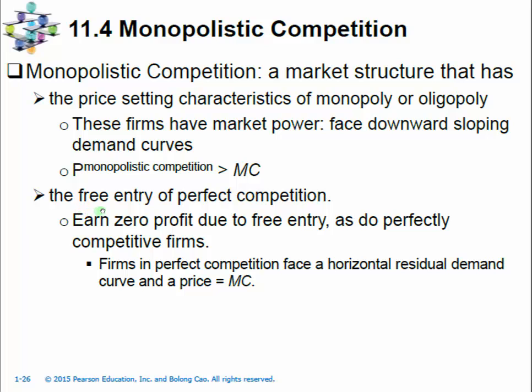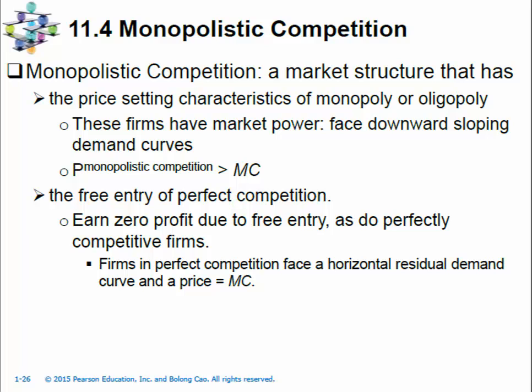A second feature of monopolistic competition is that this kind of market has free entry. So if firms outside this market see other firms making positive economic profit, they can enter this market freely to provide their own products.